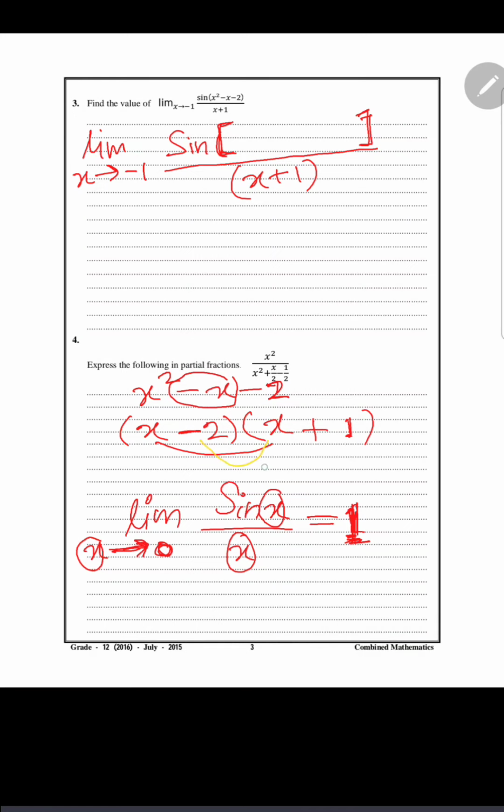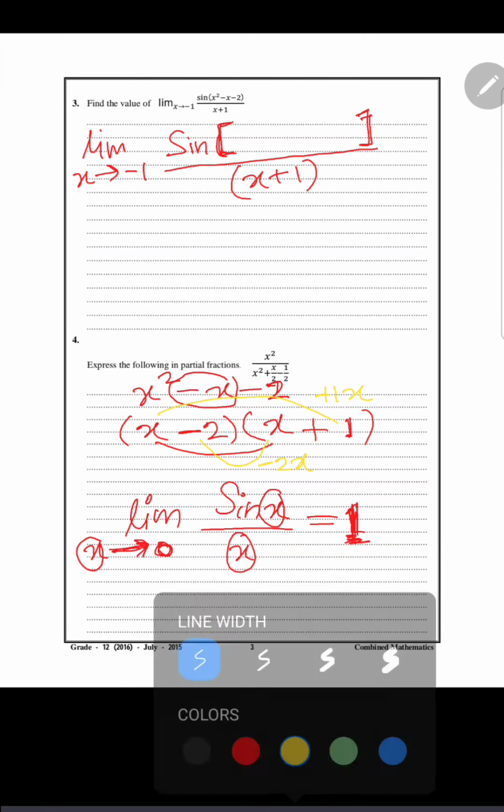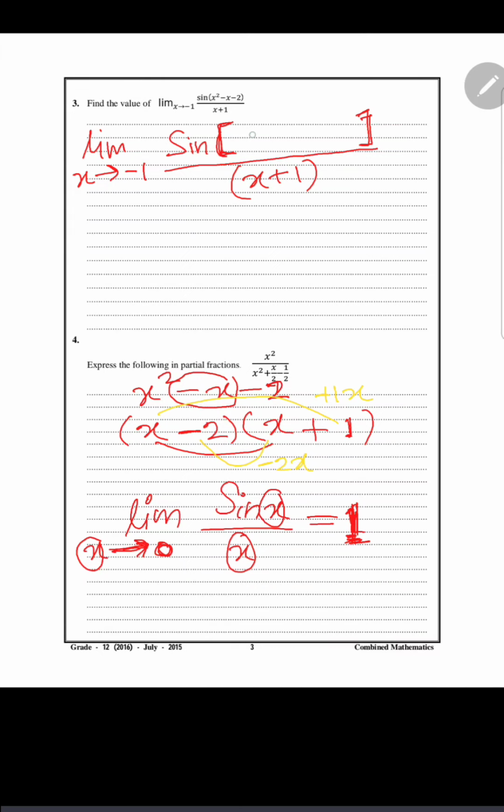See, minus 2 into x is minus 2x. x into 1 is plus 1x. Plus 1x minus 2x will give us minus x. So these are the factors: x minus 2, x plus 1.